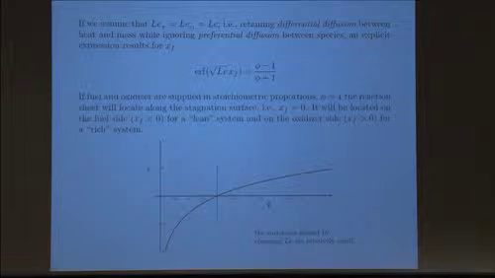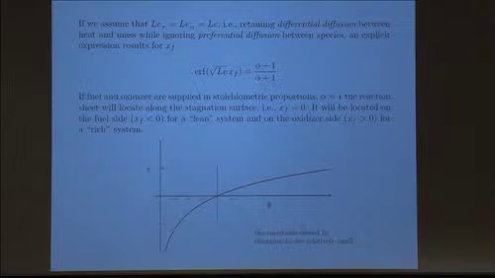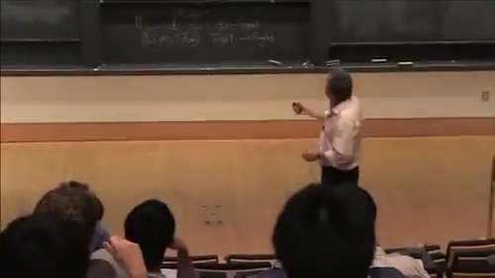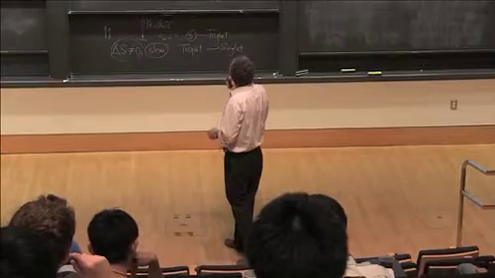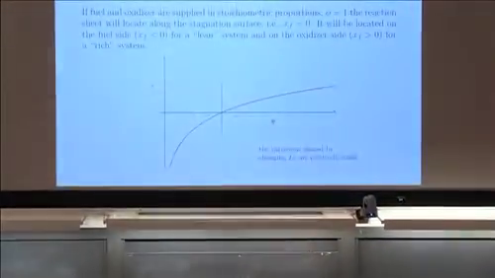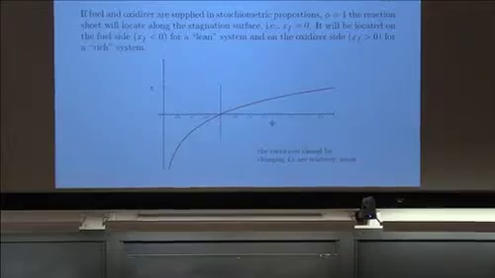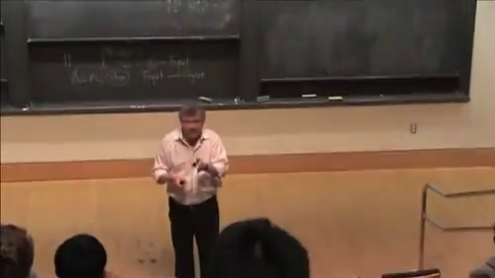And here is the position of the flame as a function of this parameter phi, which is the initial mixture strength. What you see is that when phi is equal to 1, xf is 0, which means the flame is exactly at the stagnation plane.